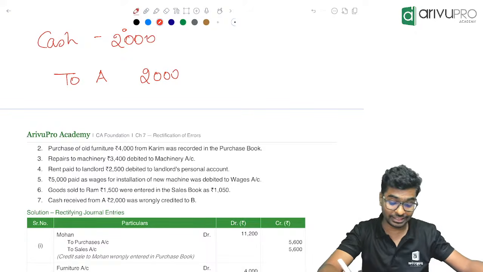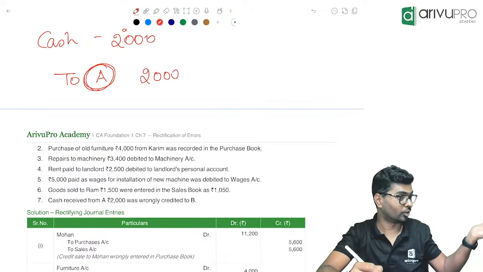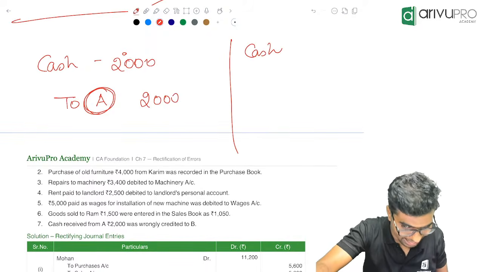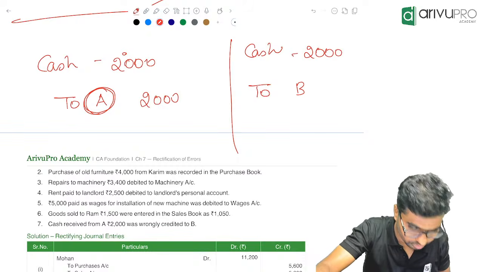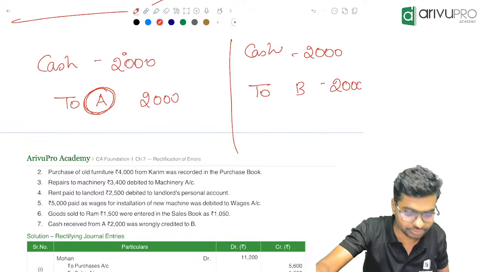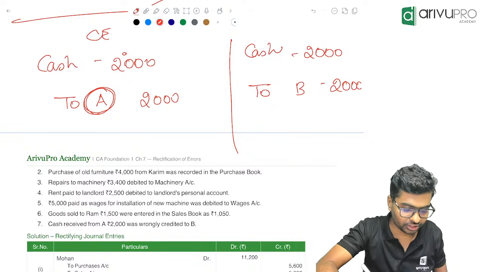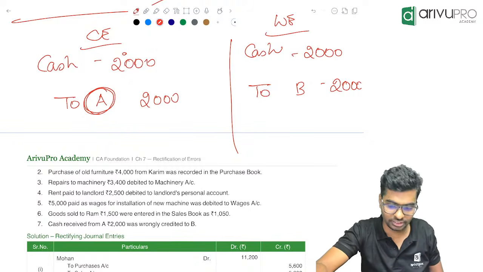That it was credit. Credit means what? Below. What will happen? Cash. Now, how do you rectify it? This is my correct entry. This is my wrong entry. What is the rectified entry?